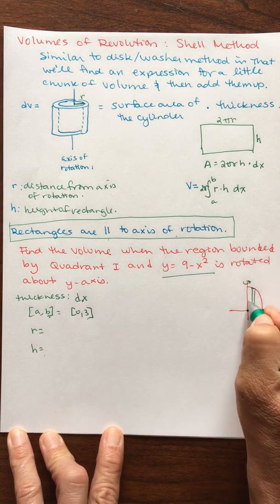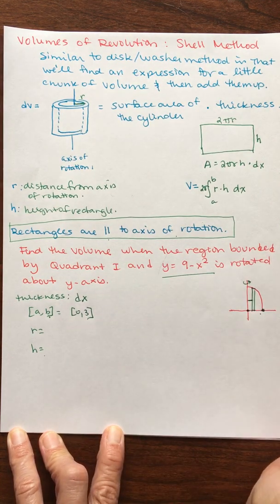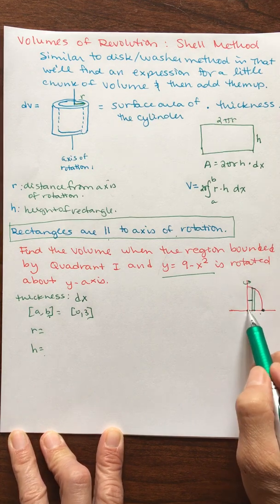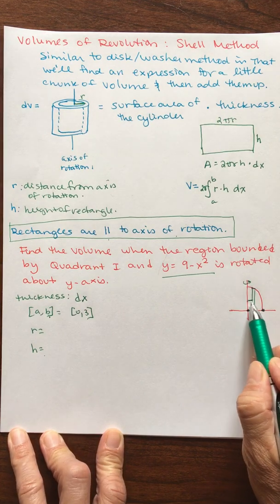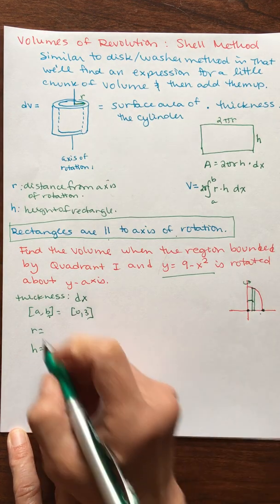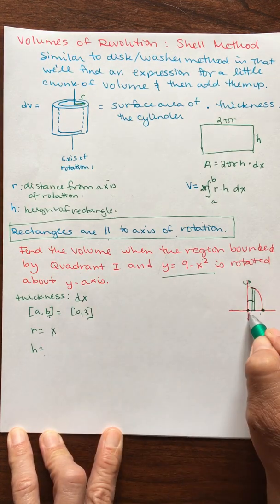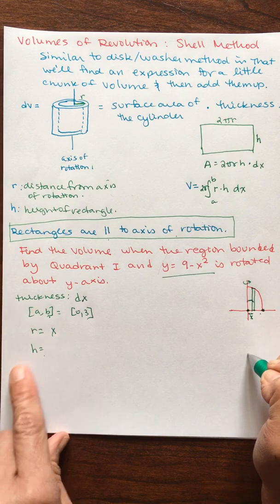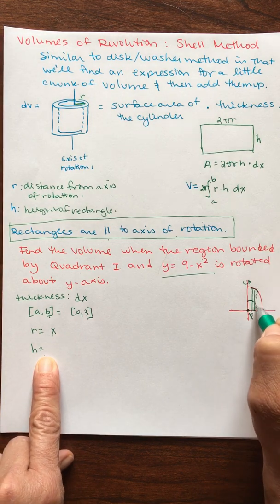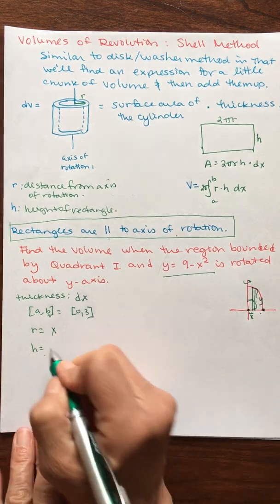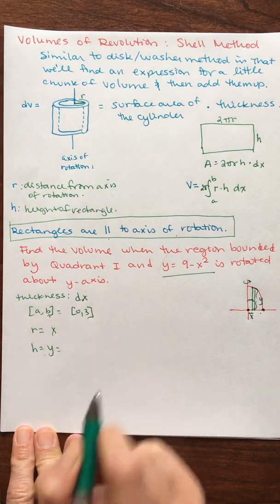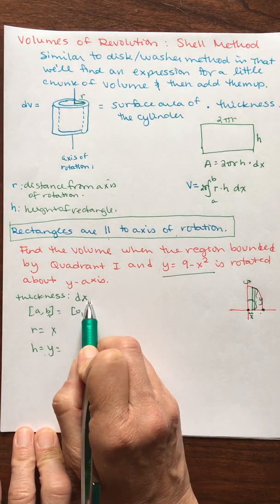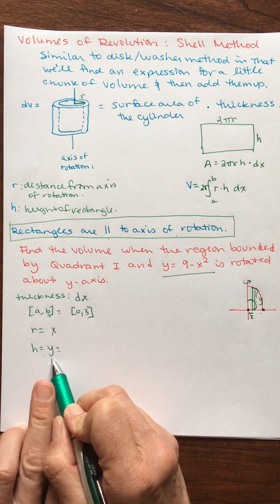R is the distance that my rectangle is from the axis I'm spinning about. I'm spinning about the y-axis, so that means my distance is the x value. This amount here is whatever the x value is. So that's what I'll put in for my r. And then my h, that's the y value. But I'm integrating with respect to x, so I don't want to have a y here.